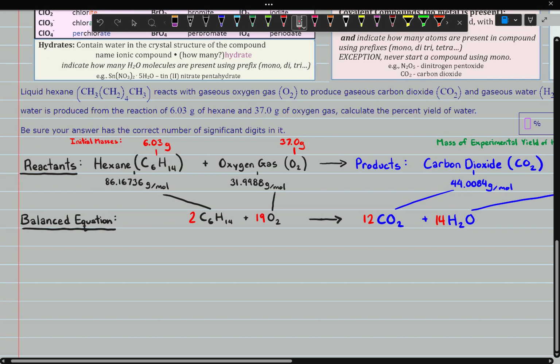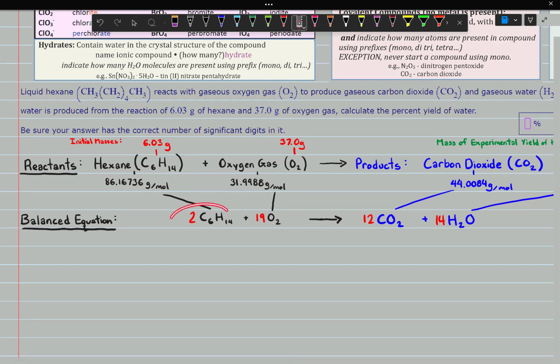I wrote out the molar masses of each of the compounds in this equation, and I already wrote a balanced equation. So 2 moles of hexane will react with 19 moles of oxygen gas, and that will produce 12 moles of carbon dioxide and 14 moles of water.